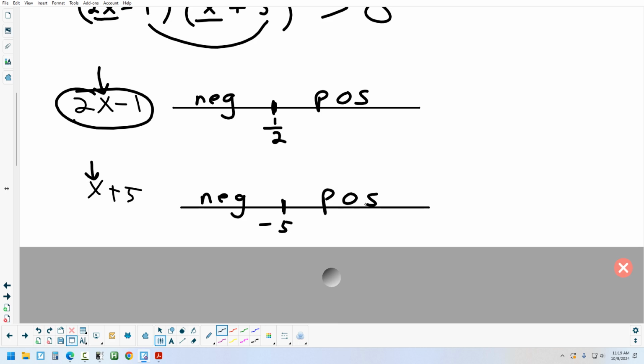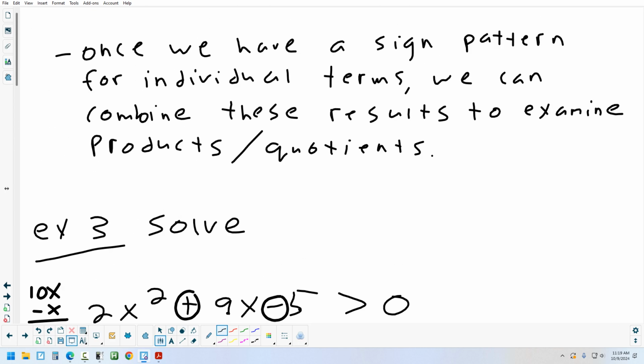Okay, now the last thing. We're going to put these 2 number lines together. So once you have the sign pattern, that's the number line, for each individual factor, we're going to combine them together now.